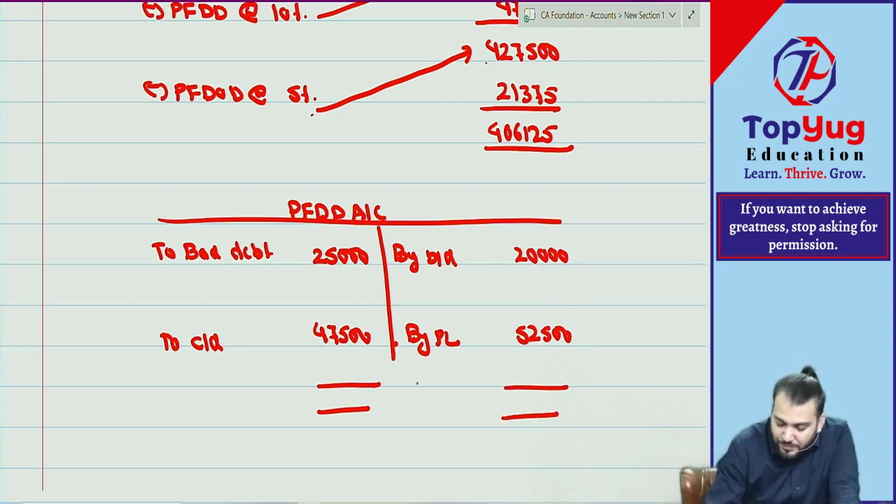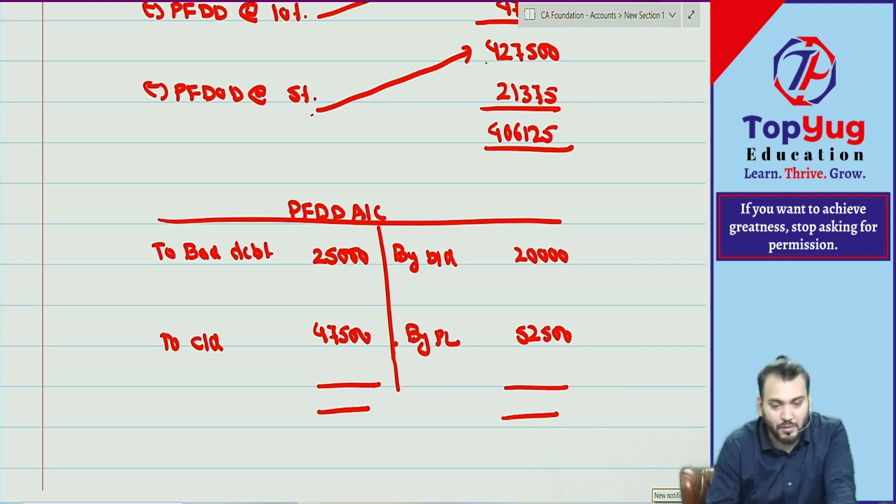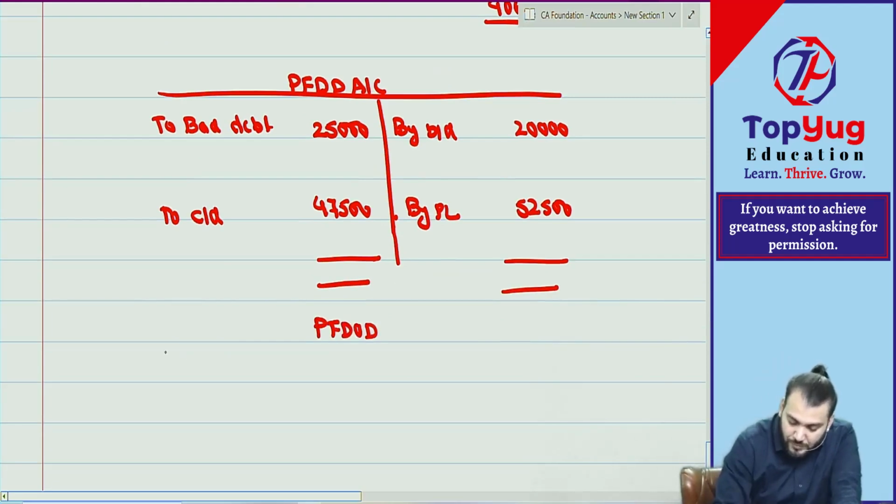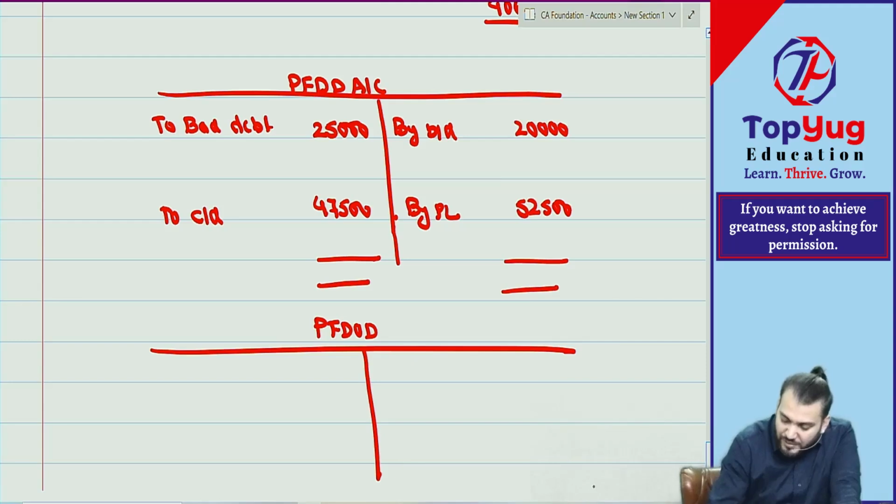What mistake you have done? 5,000 you have taken. Why? Provision for discount on debtor. So the opening balance how much?